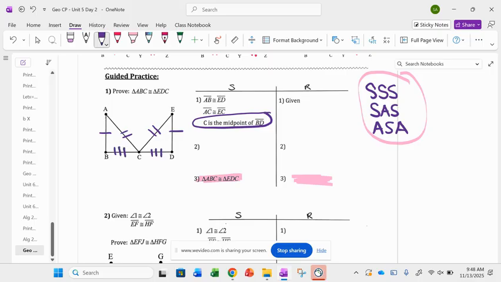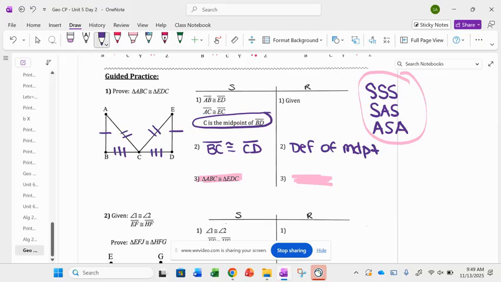Good. We can conclude that segment BC is congruent to segment CD, and our reason here will be definition of midpoint. Because it was the midpoint in the given information that told us we're going to mark those congruent.